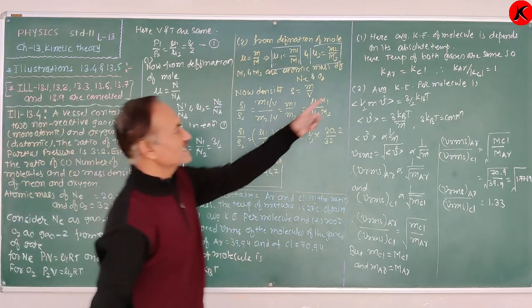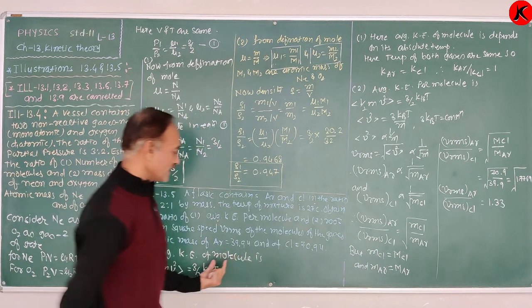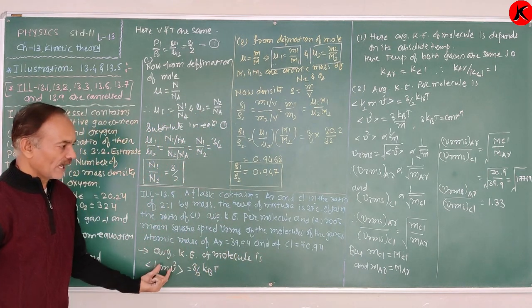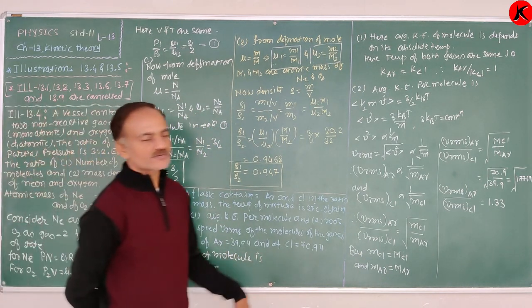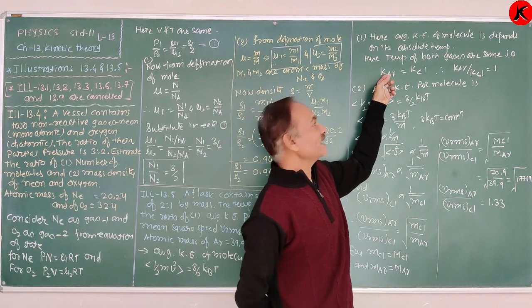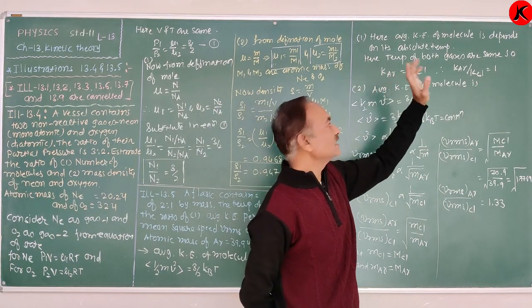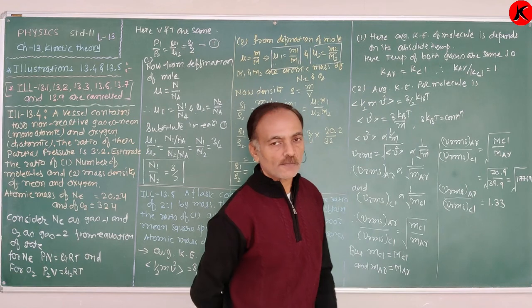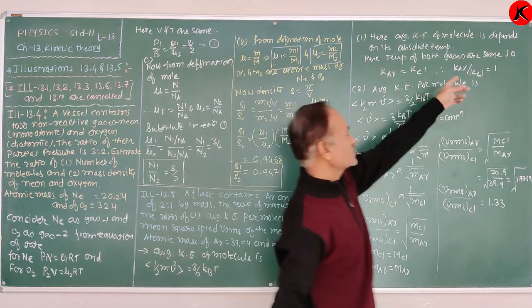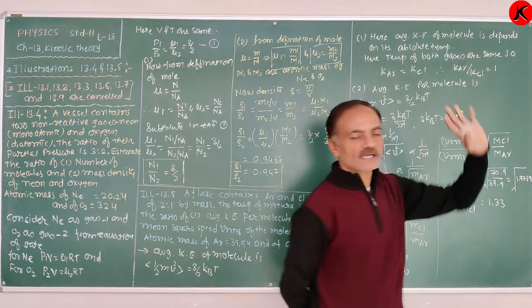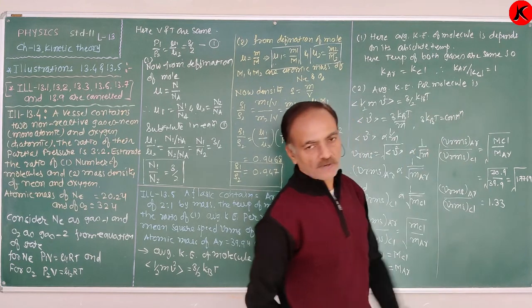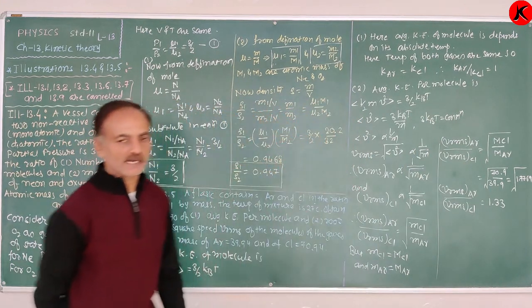Therefore, the kinetic energy will also be the same. Now taking the ratio, kinetic energy of argon to the kinetic energy of fluorine is 1. That is our answer to the first part.